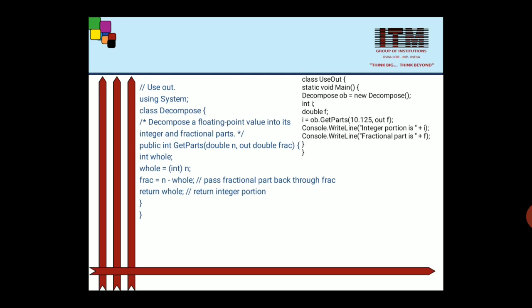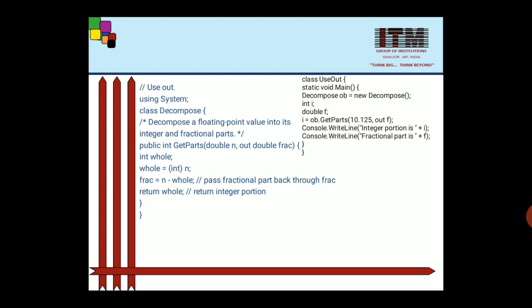In this case, there is no information to pass into the method, but there is information to pass back out. The problem with this scenario is that a ref parameter must be initialized to a value prior to the call, and to use a ref parameter would require giving the argument a dummy value just to satisfy this constraint. So C# provides a better alternative, the out parameter.